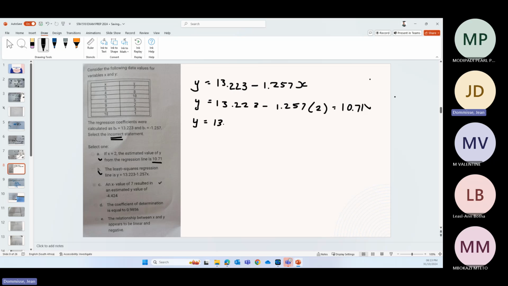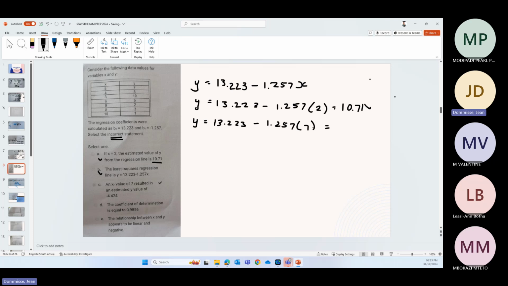So let's do that. 1.257 times 7 is 8.799.